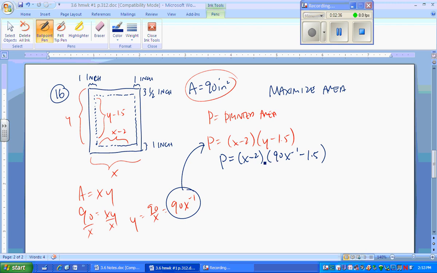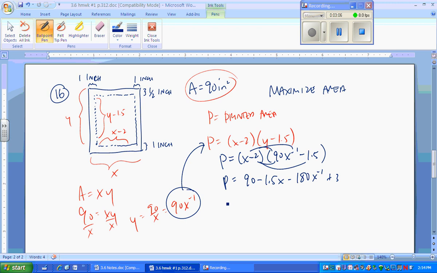Now we could take the derivative of this right now. We'd have to use the product rule, or we can just go ahead and multiply this out, distribute it using FOIL before we take the derivative. So X times 90X to the negative 1. We add those exponents, we just get 90 times X to the 0, or just 90. And then minus 1.5x minus 180 times X to the negative first plus 3.